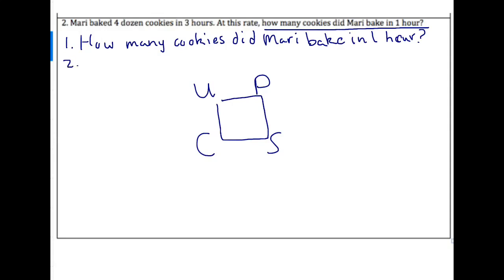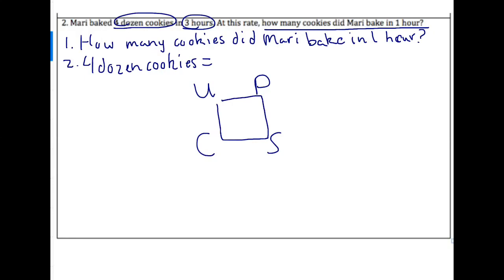Number 2, the facts. So I see 4 dozen cookies. I also see in 3 hours. So I'm going to put 4 dozen cookies. And I'm going to actually put right now what that equals. So 1 dozen is actually 12 of something.